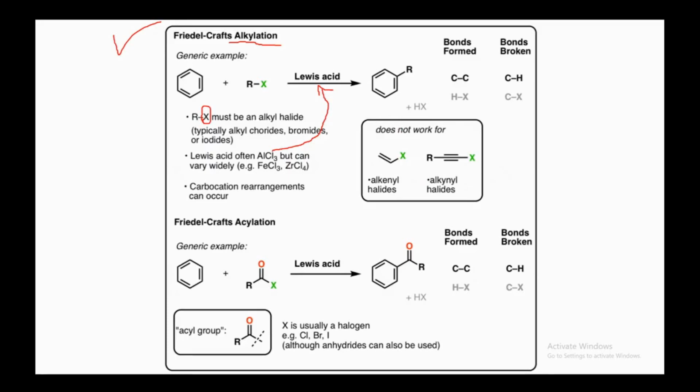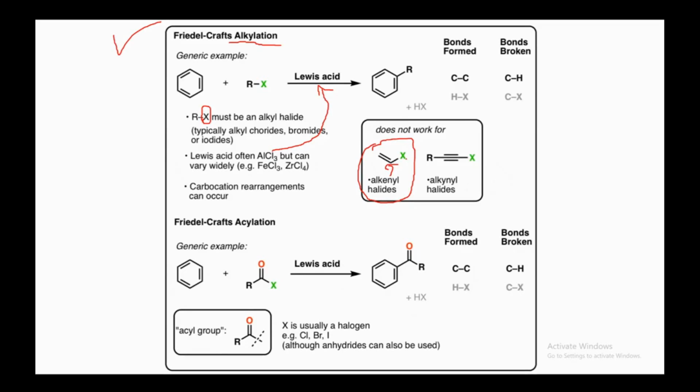For example, if you have vinyl halides such as this one, having an sp2 carbon with a halogen next to it, this will not work for Friedel-Crafts Alkylation because of the electron richness of the double bond.